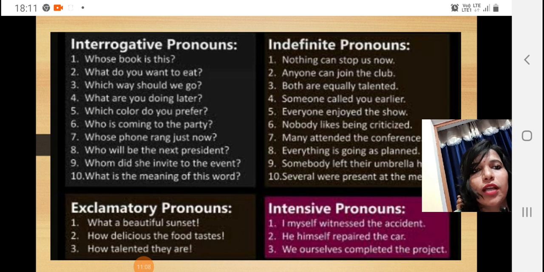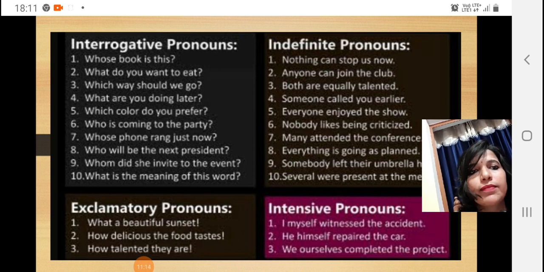Now intensive pronouns, I myself. As I told you, intensive is also called emphatic. So I myself, he himself, and we ourselves. That way myself, himself, ourselves are emphatic or intensive pronouns.